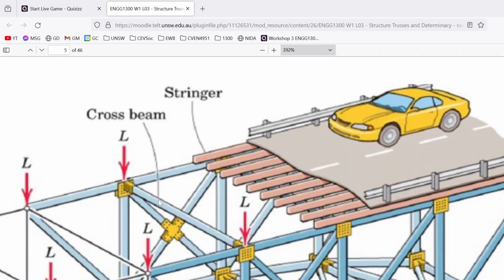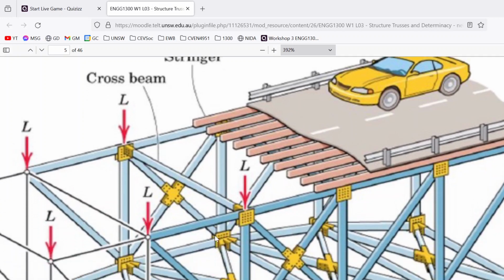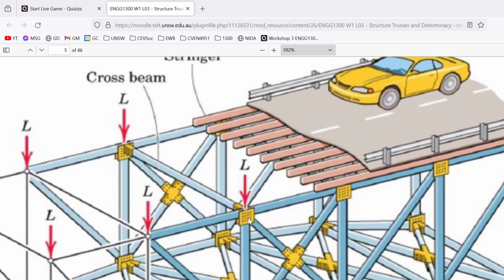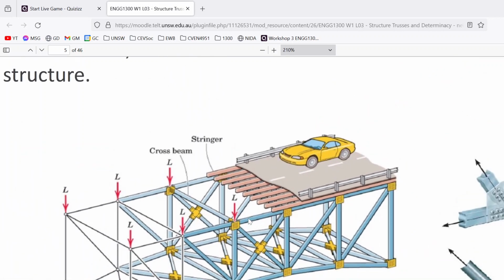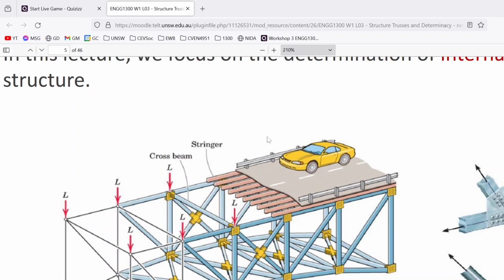The cross beams then go onto the truss members at the joints only. And then all of a sudden we have our assumption being met. So yeah, it's pretty clever. Even though it seems like a very weird assumption to make, engineers can design things to work around their assumptions and make things easier to solve. And they've been doing that for hundreds of years or whatever.